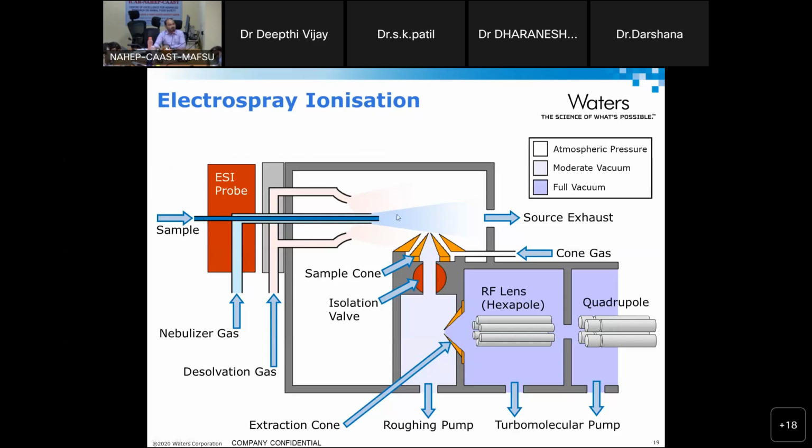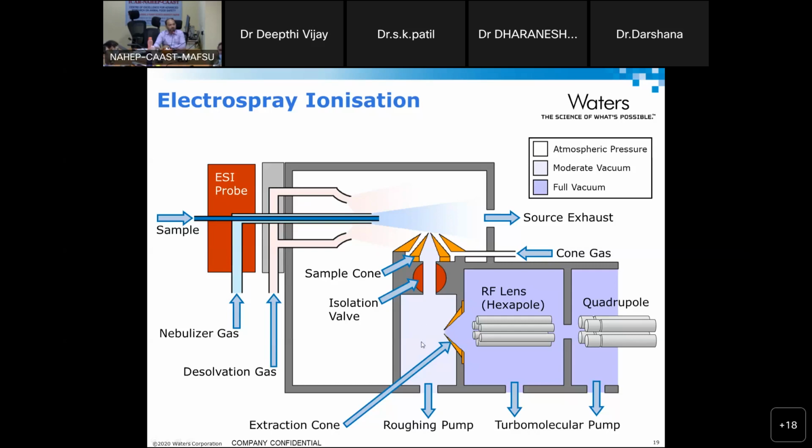The ions which are formed then move to the sample cone. A high voltage is again applied at the sample cone to attract the ions towards it. So the ions will take a 90-degree turn towards the sample cone because of the high voltage supply.